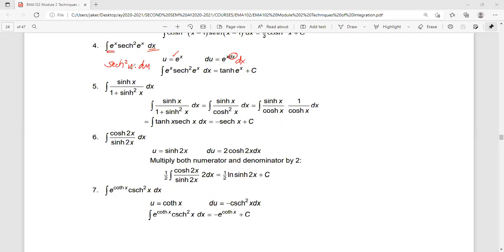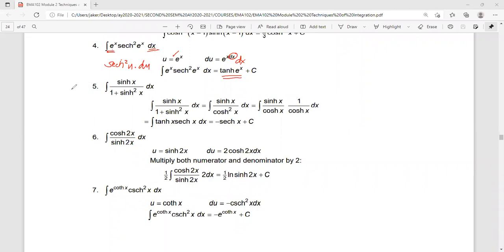So the derivative of the u has to be e raised to x dx, and you can answer the integral for that. Okay, so the hyperbolic secant squared of e raised to x will just have the integral of the hyperbolic tangent of e raised to x, because your e raised to x has its derivative here already.